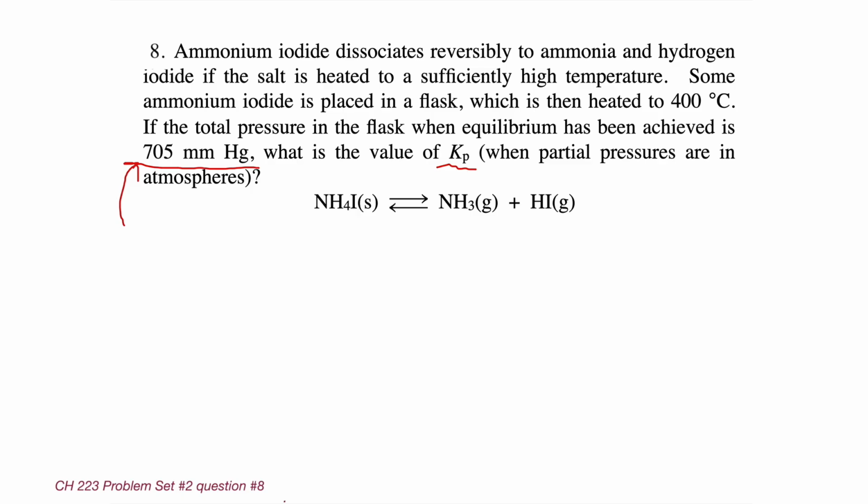So what this also means is half that 705 pressure is going to be the pressure of NH3, and half the 705 is going to be the pressure of HI. 1 mole of NH3 is made for every 1 mole of HI.